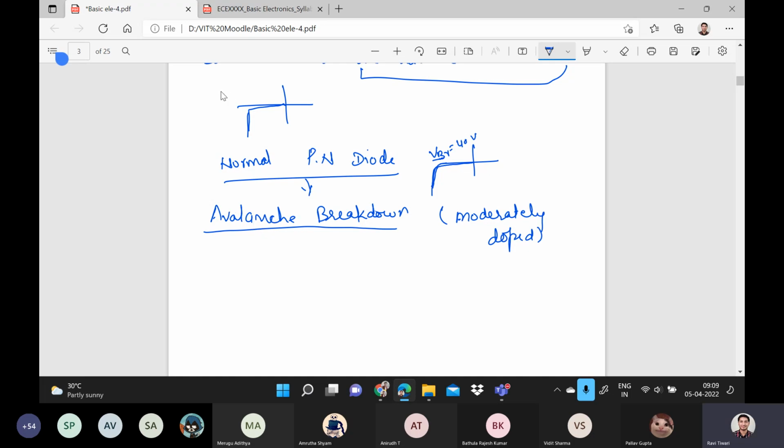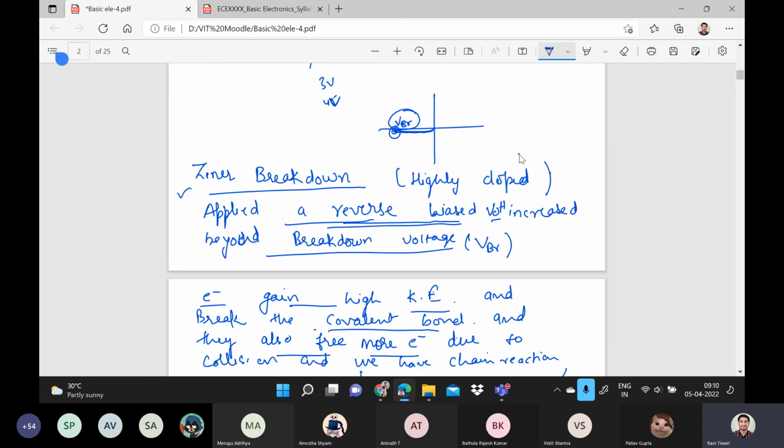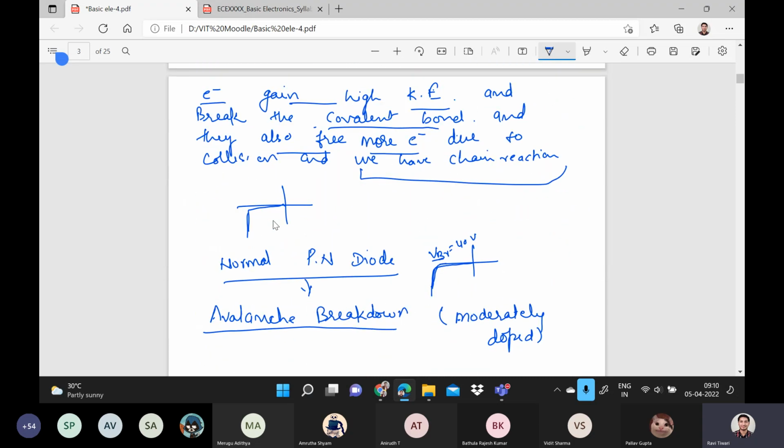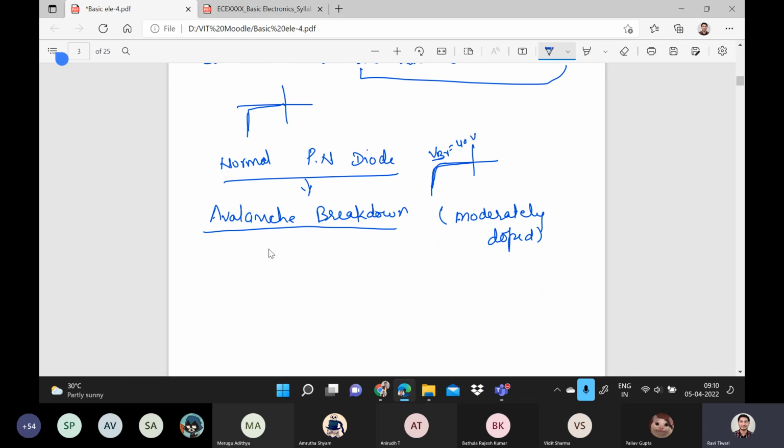Here, it is happening when your PN junction is highly doped. It is the same phenomenon: when you apply the voltage beyond the breakdown voltage, the electron will gain kinetic energy, break the covalent bond, and release more free electrons due to collision. The process is the same as in avalanche breakdown. Only a single change is there.